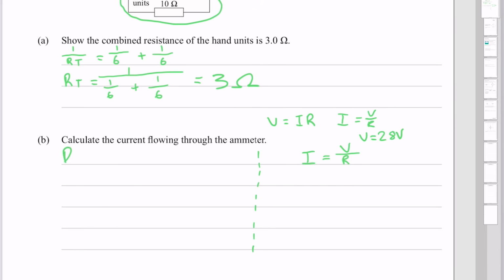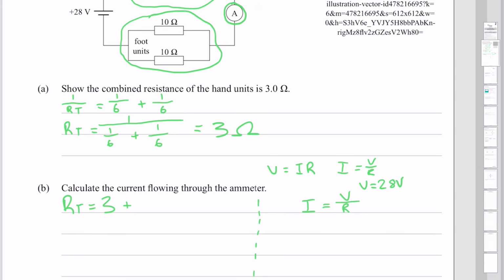Our total resistance is our 3 ohms we found in the previous question, plus the total resistance of this foot unit section, which we can find using the same equation here, but instead of the 6's, we're going to use our 10's. And that gives me a total resistance of 8 ohms.